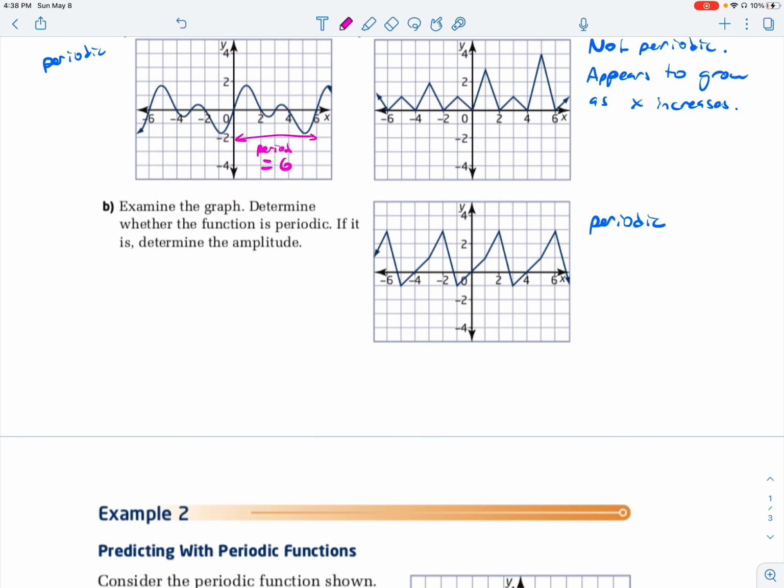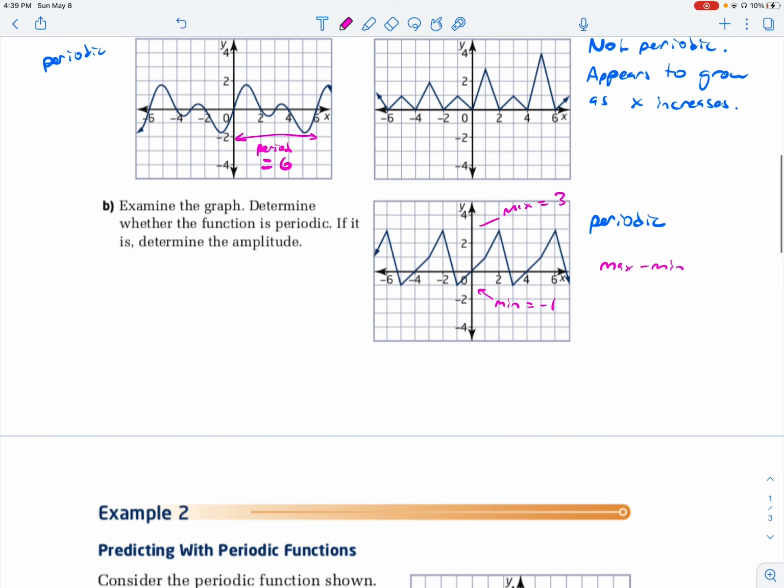Here, max is equal to 3 and the min is equal to -1. That means there's a distance of 4. If I subtract those two, max minus min, and divide by 2, I can use that to find the amplitude.